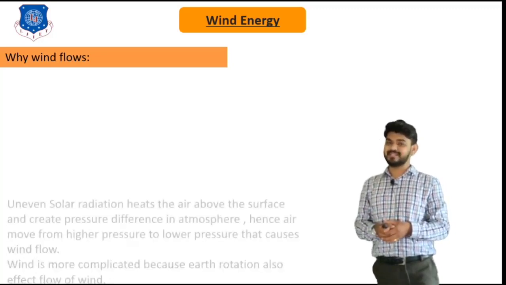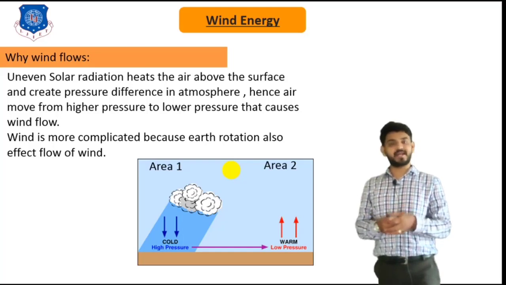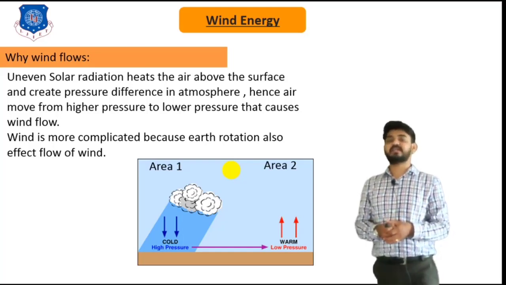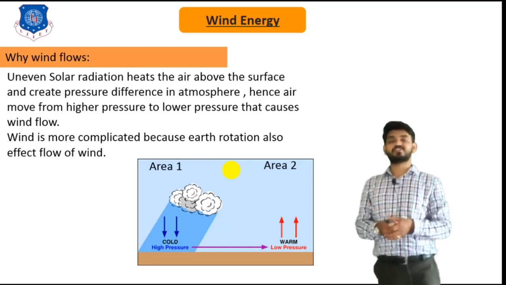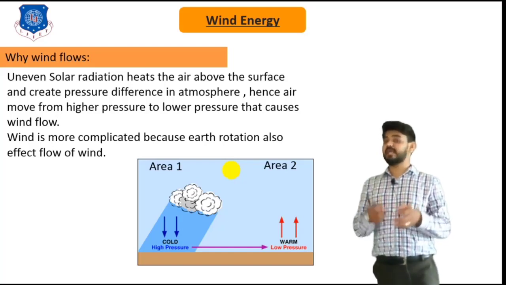To understand this, consider this image in which area 1 is not receiving any solar radiation. That means it is under the shadow, while area 2 is receiving solar energy. Hence, air above area 2 will get heated up and travel upwards. This creates a lower pressure zone in area 2 and a relatively higher pressure zone in area 1.